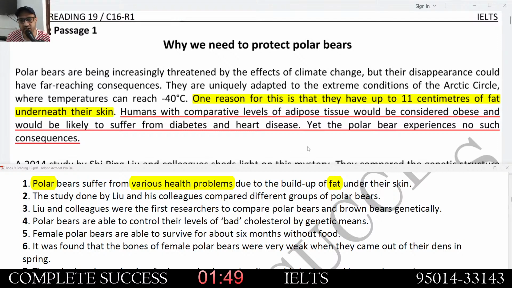Should it be true, false, or not given? 15 more seconds. If you want to give your answer, you can.